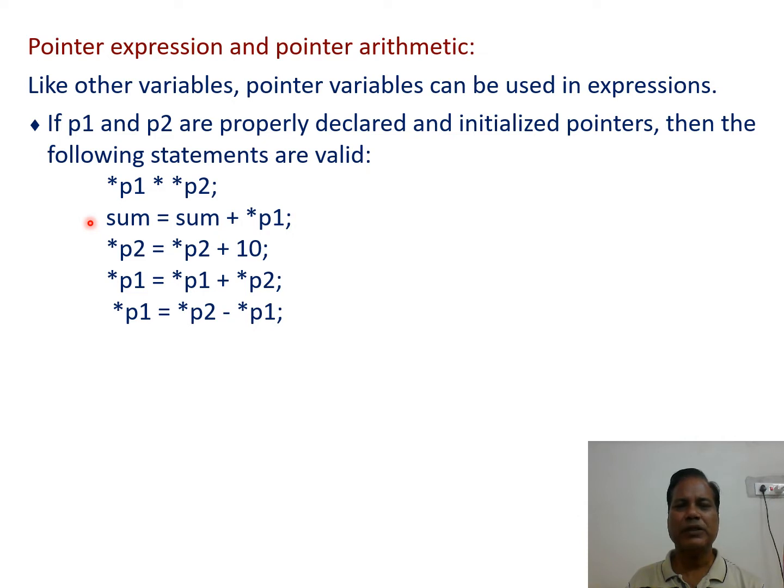Second statement, sum equals sum plus asterisk P1 semicolon. We add the data pointed to by the pointer variable P1 to the variable sum, and this addition is assigned to the left side variable sum. Then the next statement, asterisk P2 equals asterisk P2 plus 10.